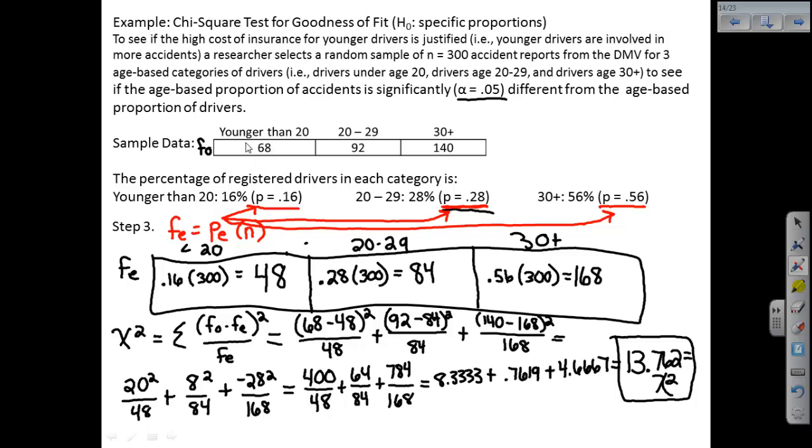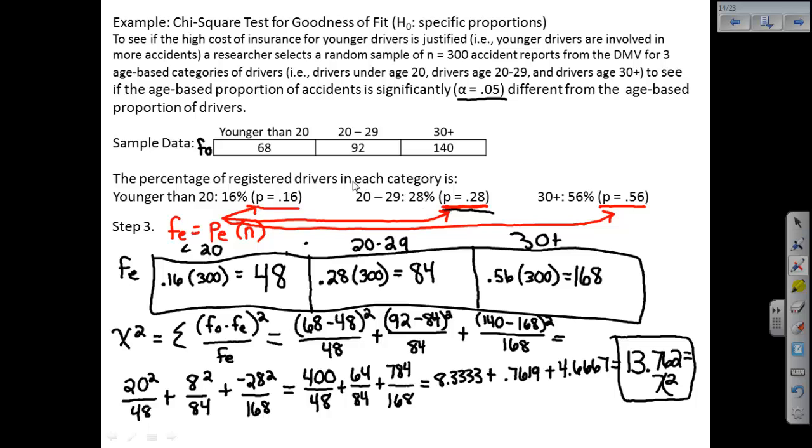That frequency we saw in our data is much more than we would expect to see if the proportion of accidents reflected the proportion of drivers younger than 20 in our data set. So the observed frequency of accidents for drivers younger than 20 is much more than the expected frequency, based on how many drivers are younger than 20 in the population.